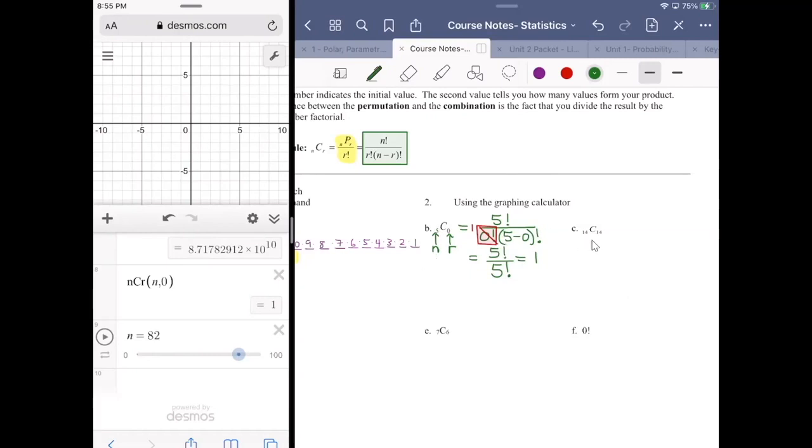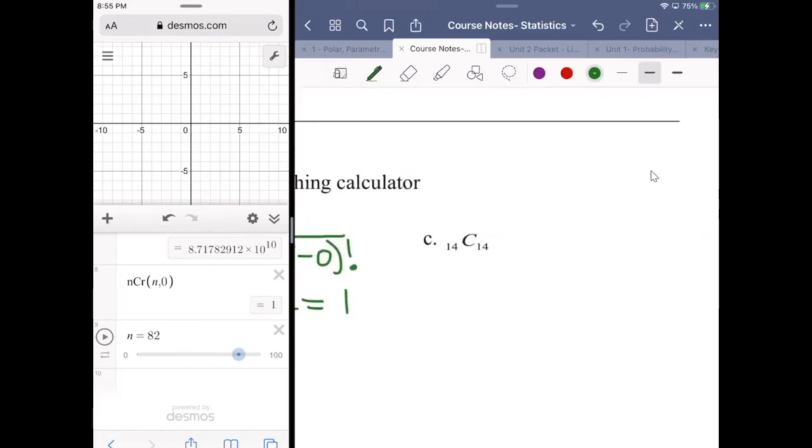Right? So that brings us to C, which is kind of the other end of that point. So by hand for C, it's the same kind of setup where it's like, oh, we got to get into this factorial business. 14 factorial over 14 factorial times 14 minus 14 factorial.